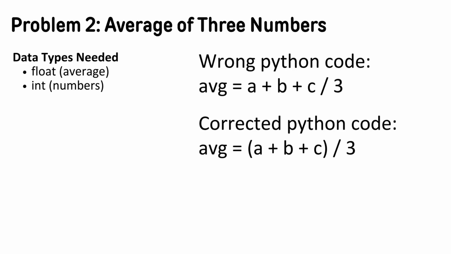This is not our main goal. Our main goal is to calculate the whole summation of a, b, and c, then divide by 3. That's why it is corrected by the second line: avg is equal to first calculate a plus b plus c, the whole sum in first brackets, then divided by 3.